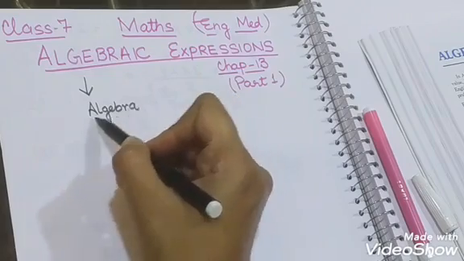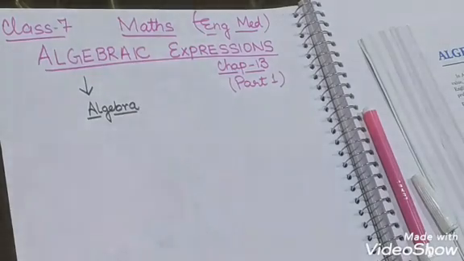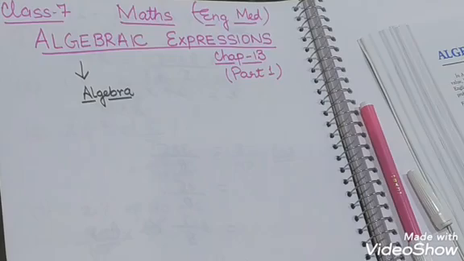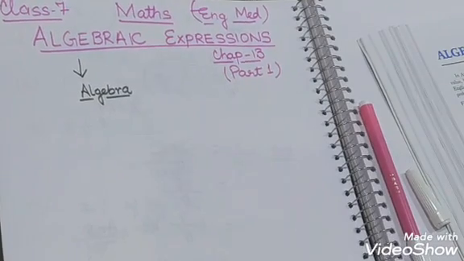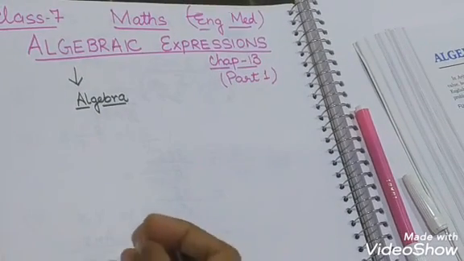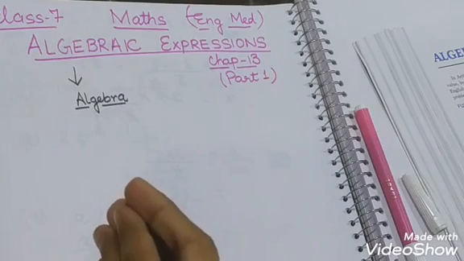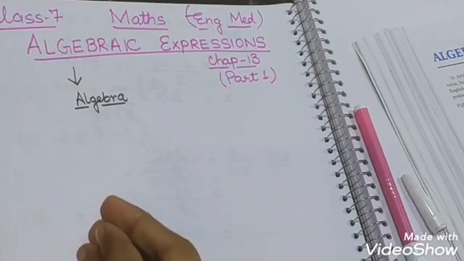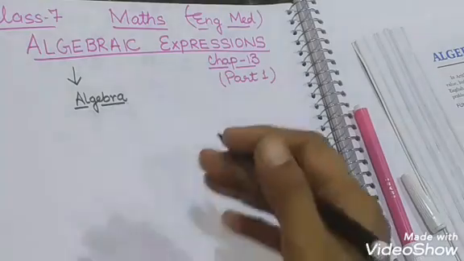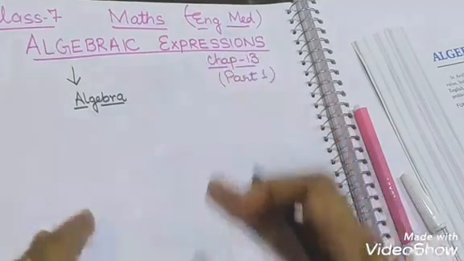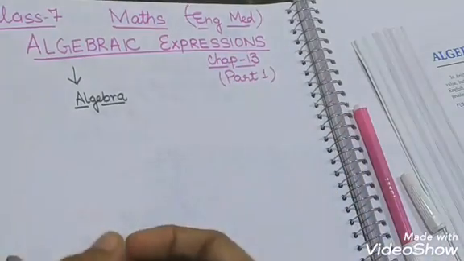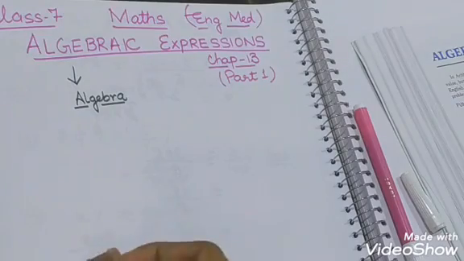It is a branch of mathematics in which we deal with different types of numbers, that include variables, constants, and expressions, which contain variables together with constants.